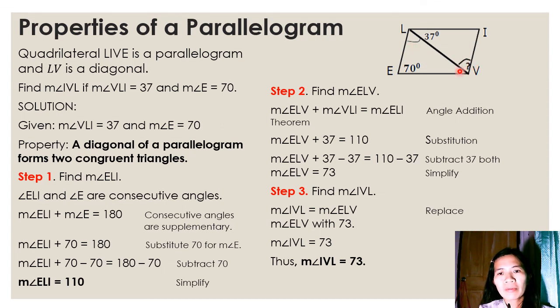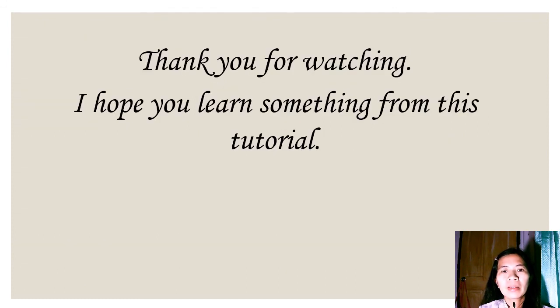Therefore, if measure of angle ELV is 73, this angle is also 73, so they are congruent. Those are the properties of a parallelogram. I hope that you learned something from this video. Okay, bye-bye.